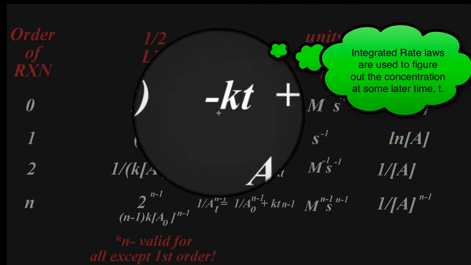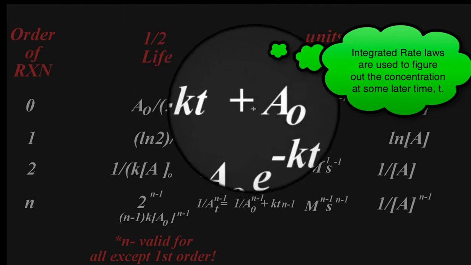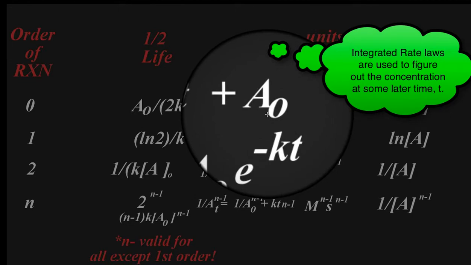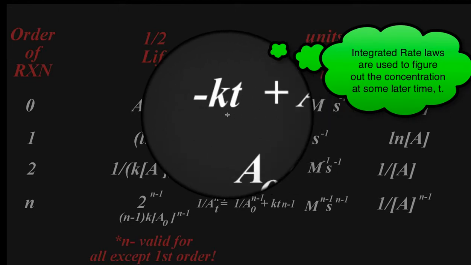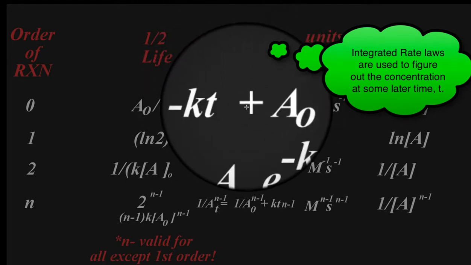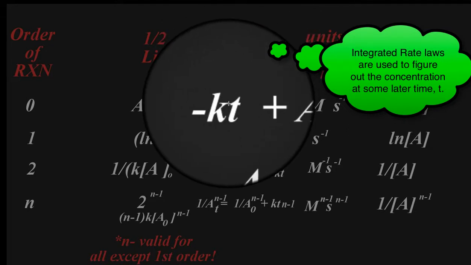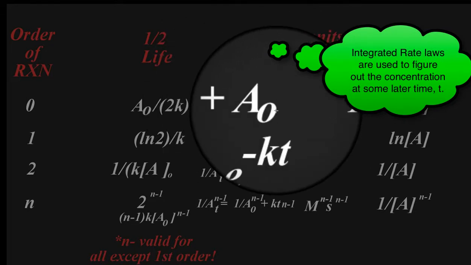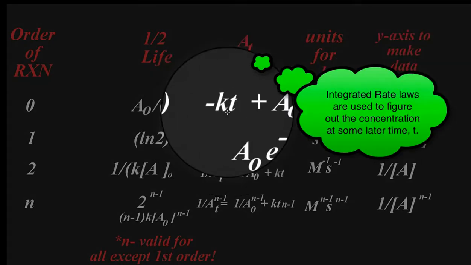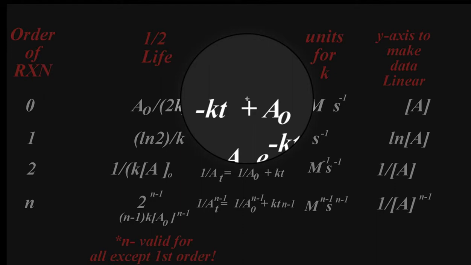And it's the way of getting the concentration at any given time, knowing the initial concentration and the rate constant, or any manipulation of that equation. They could give you the concentration, the time it took to get there, and the initial concentration, and ask you to solve for the rate constant. Either way, you should be able to manipulate an equation by now.